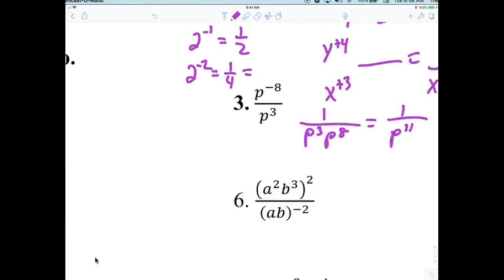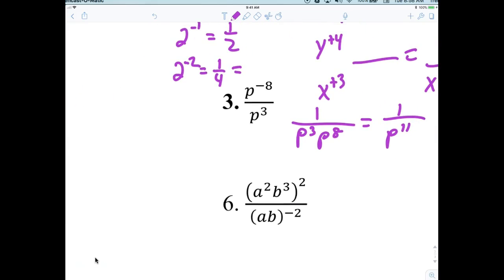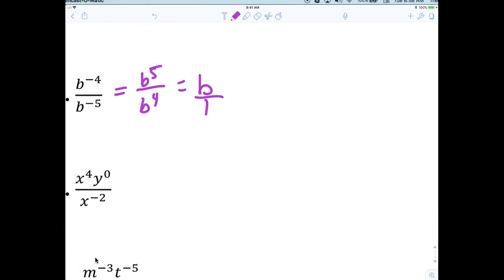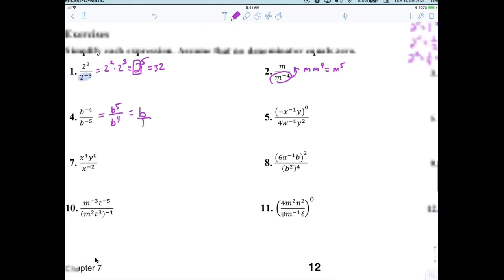There's a 1 in the denominator if it's not a number. She's right. But if there is no number in the denominator, it's still a what? 1. If there's no number in the numerator, it's a what? 1. When you divide, what do you do to exponents? Oh yeah, they cross out.